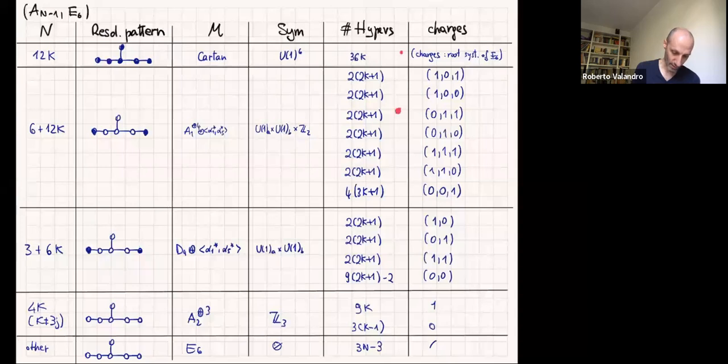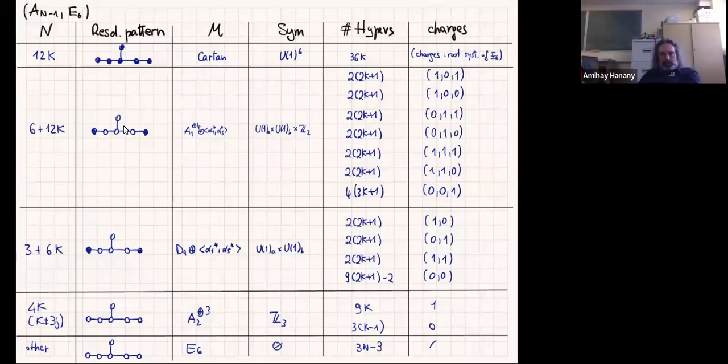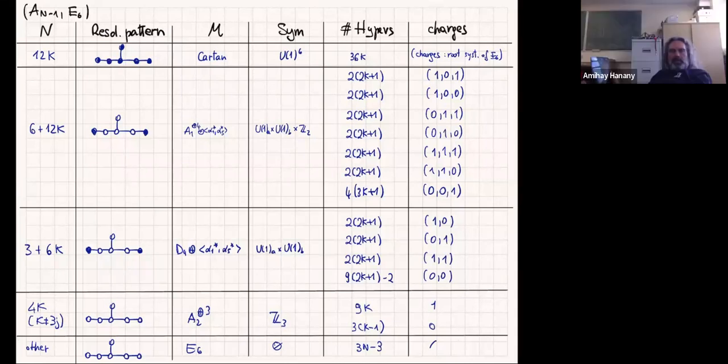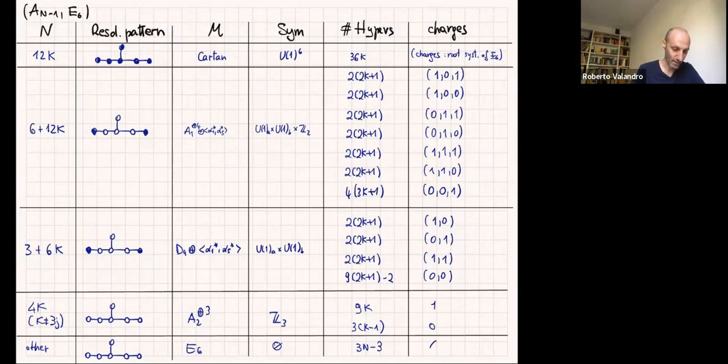Maybe it's 3n minus 1, 3n minus 2, and 3n minus 3. This is because I want a different notation with respect to what my students suggested me. I see. But you can sum all these numbers and compare with the n.